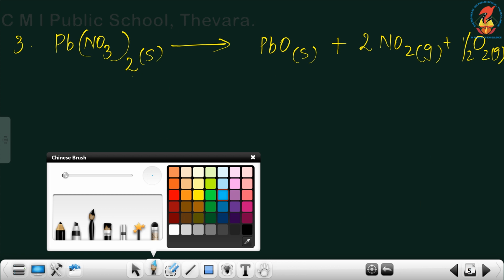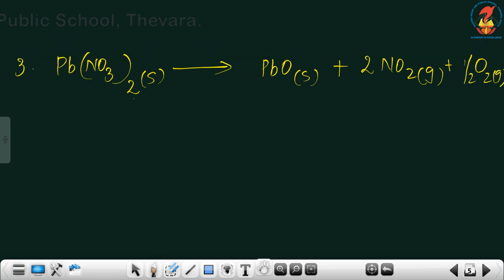Now the next equation is Pb(NO3)2 solid giving PbO solid plus 2NO2 gas plus half O2 gas. Now let us assign the oxidation state of each and every element present in the given equation. We know that oxygen is -2.